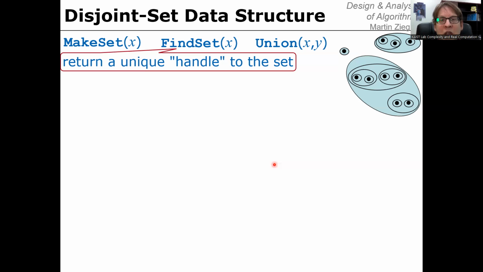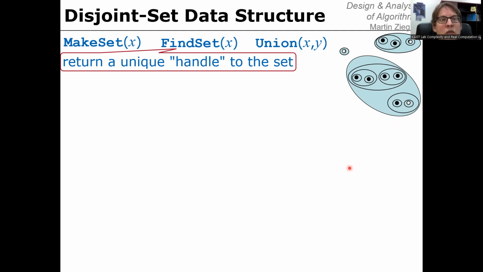And so here you see an example. Here I have taken the approach of marking or designating special elements in the set as unique representatives, the light ones. So that means whenever the user calls find set with this argument x, the return would be this element. When the user calls find set with this argument, then the return value would be this.